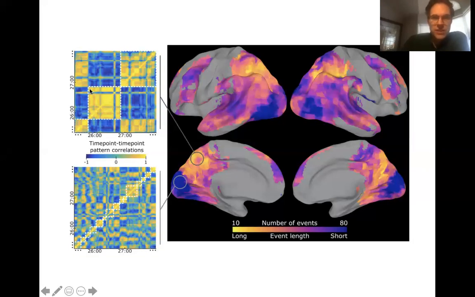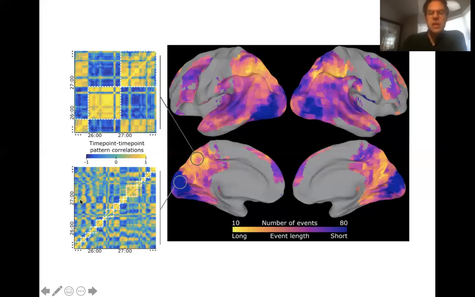You'll see that these higher order areas are not strongly correlated. They may even be negatively correlated with different types of scenes in another scene. Whereas the visual areas, they're strongly correlated with the time here, but if you look at other time points, they are showing the similar type of thing.